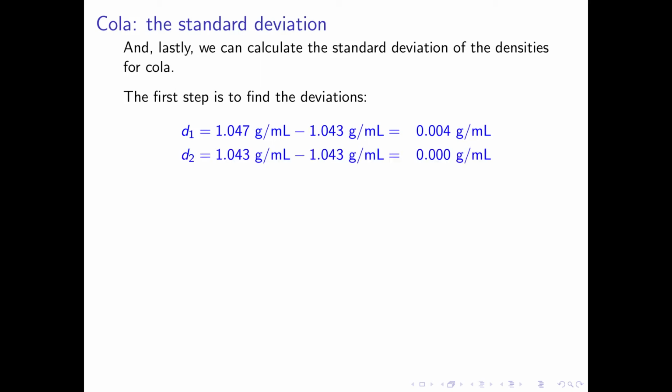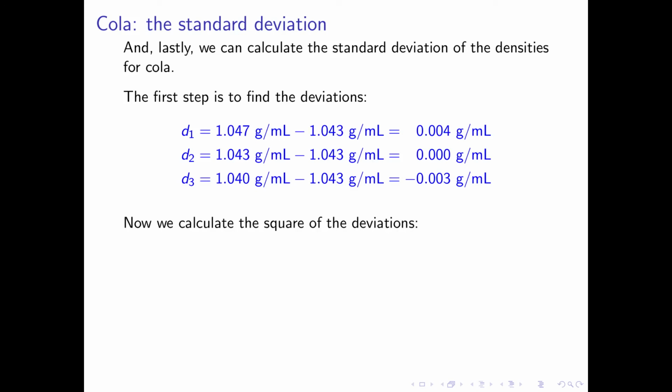For the second trial, D2 is equal to 1.043 grams per milliliter minus 1.043 grams per milliliter, giving a deviation of 0.000 grams per milliliter. And lastly, for the third trial, D3 is equal to 1.040 grams per milliliter minus 1.043 grams per milliliter, giving a deviation of negative 0.003 grams per milliliter.